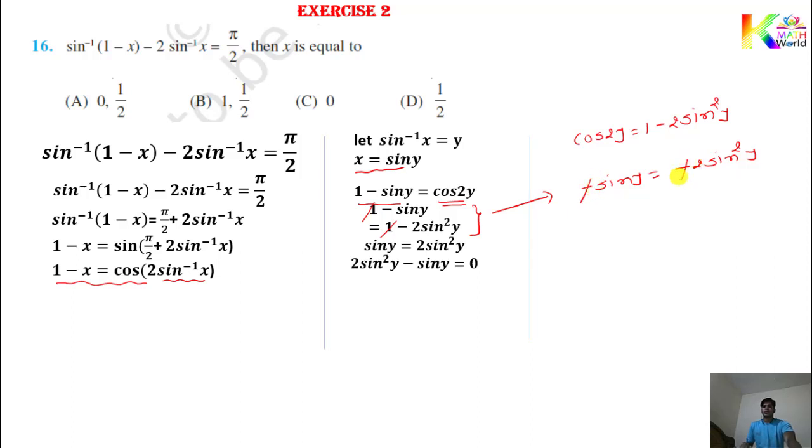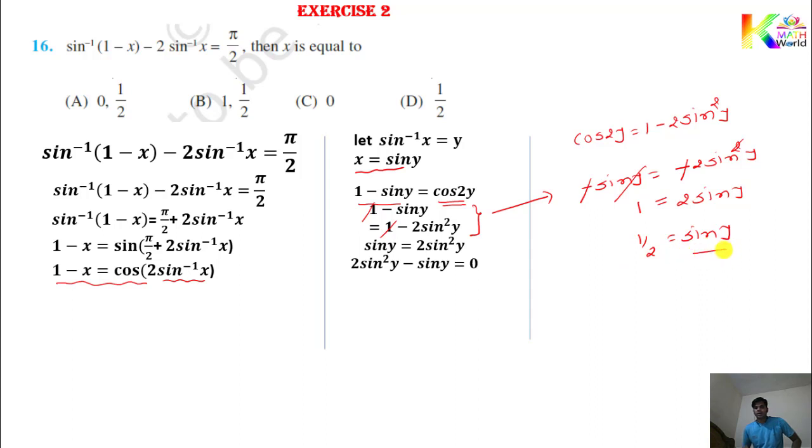The minus signs cancel out, and one sin y also cancels out. So what is left on this side is only 1, so 1 equals 2 sin square y divided by sin y, that is, sin y equals 2 sin square y. If you cancel out sin y directly, what is left? 1 equals 2 sin y, so 1 by 2 equals sin y.